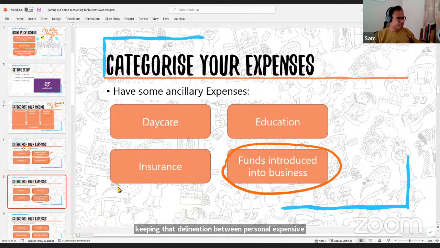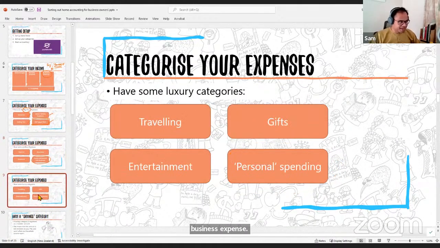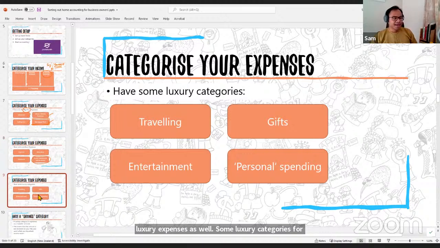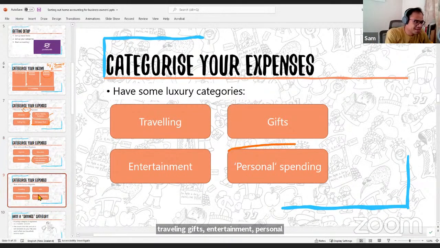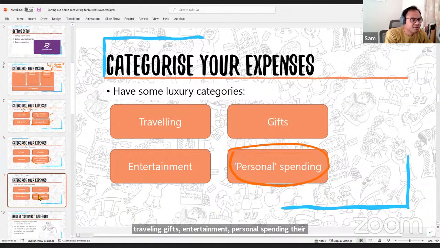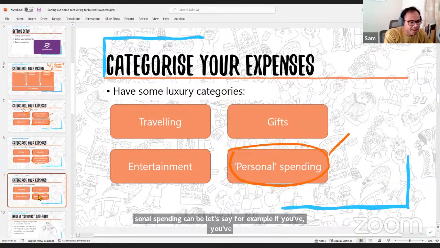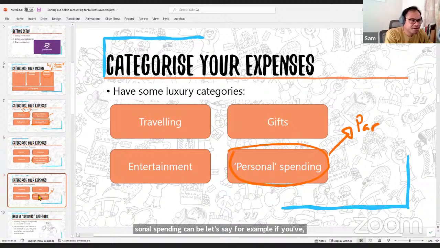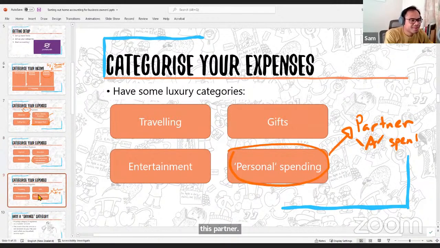Apart from these expenses, feel free to create some luxury categories for traveling, gifts, entertainment, personal spending. Now, personal spending can be, for example, if you've got a partner, and you can call this partner A spending, right?